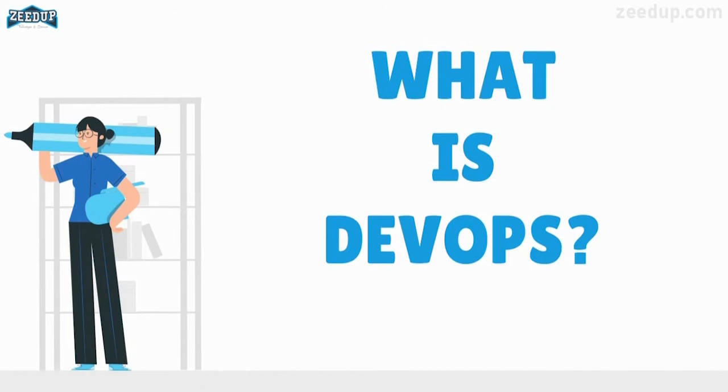So, the process in which the development and the operations team work together to adopt new techniques, better tools, and improve the collaboration methods to make sure that a good software product is released into the market is known as DevOps.